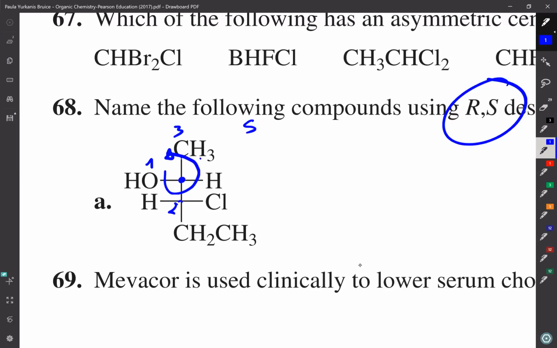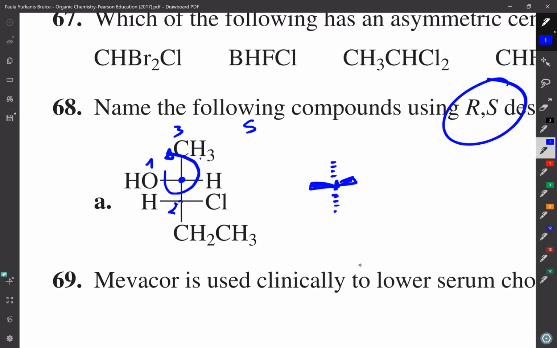But take note of what I said at the beginning. I told you guys that every substituent on the vertical bond is pointing away from you, whereas substituents on the horizontal bond are pointing towards you. And in the rule of determining stereochemistry, the lowest priority must always be pointing away from you, meaning on the dash bond.